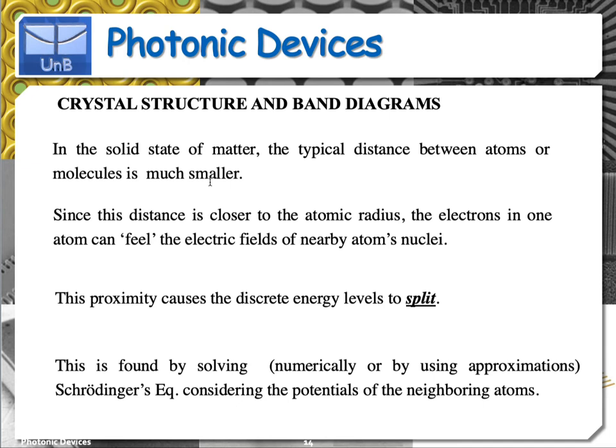So therefore, the atoms start perceiving each other. They start feeling the electric fields of the adjacent atoms. Since this distance is much closer to the atomic radius, the electrons in one atom can feel the electric field of the nearby atom's nuclei. And what this does is that it causes the discrete energy levels of the isolated atoms to split, forming multiple energy levels.